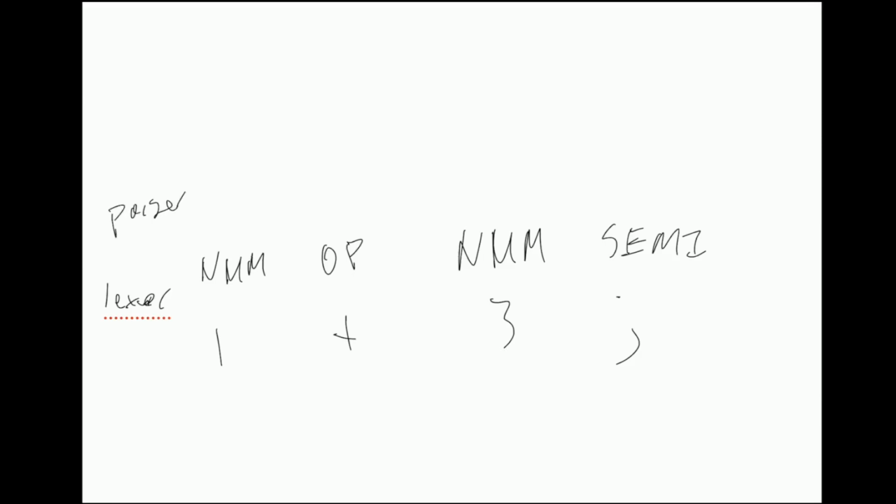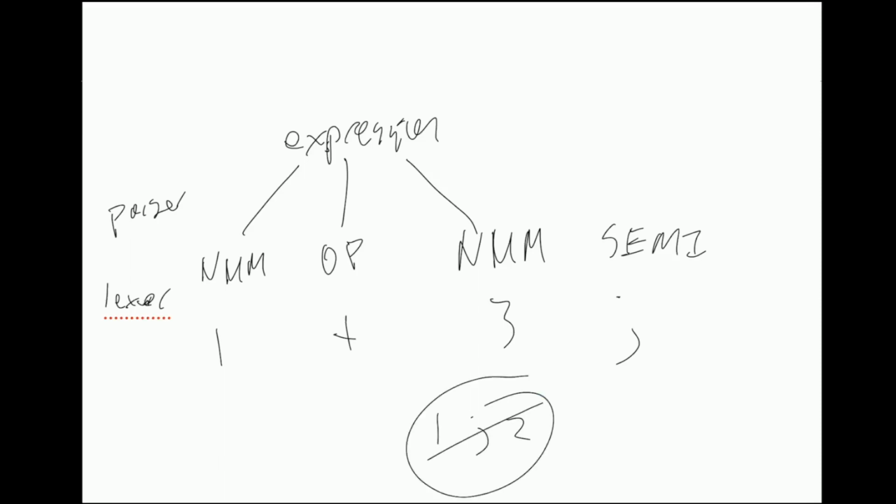And the parser is what generates this tree structure. It identifies which language constructs are being used. So in this language, we can't say 1:2, so something like this is invalid in our language, and it's the syntax that captures what the valid inputs in our language are.